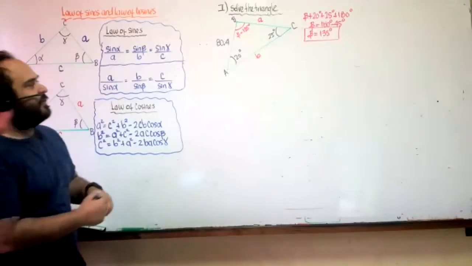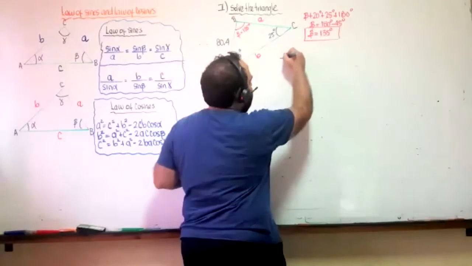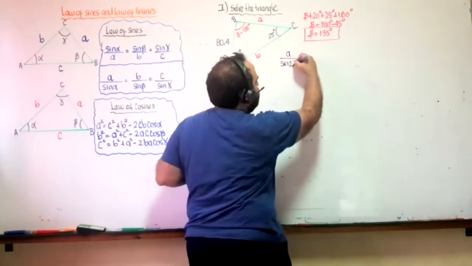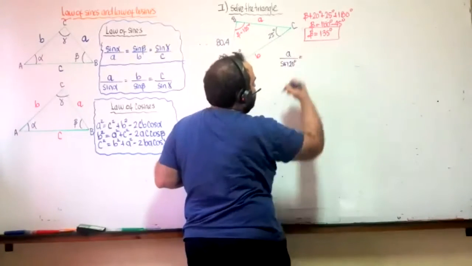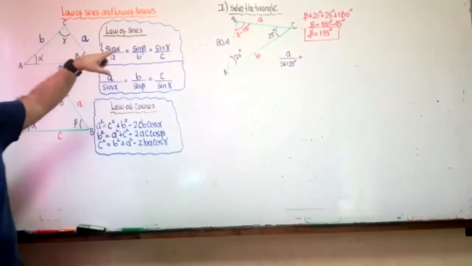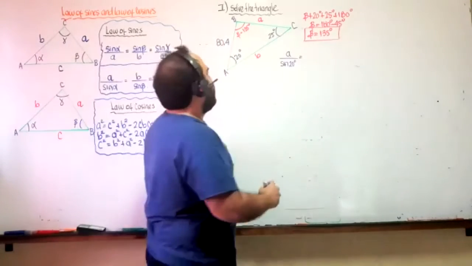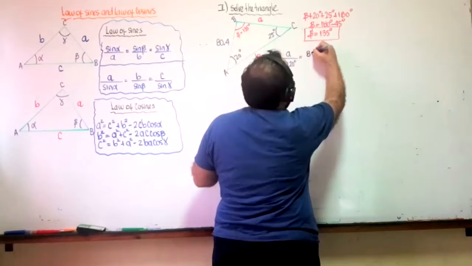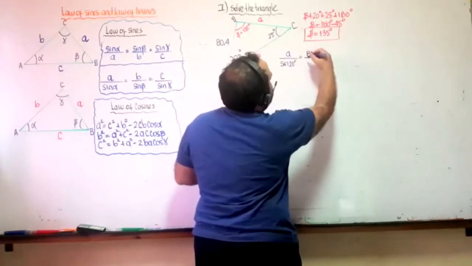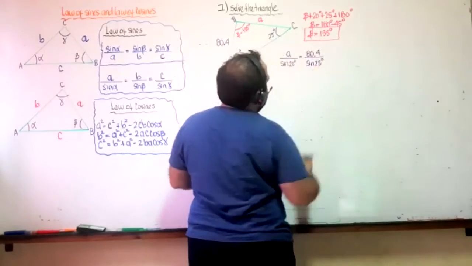So according to the proportion, I'm going to divide 8 over sine of what? Sine alpha, and alpha will be 20 degrees. Remember the opposite equals, obviously the leg I'm going to use will be the C because I know the value, 80.4 over sine 25 degrees.